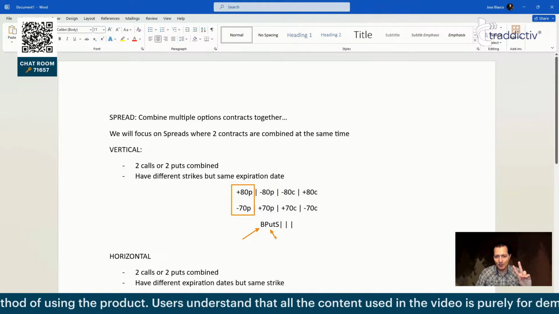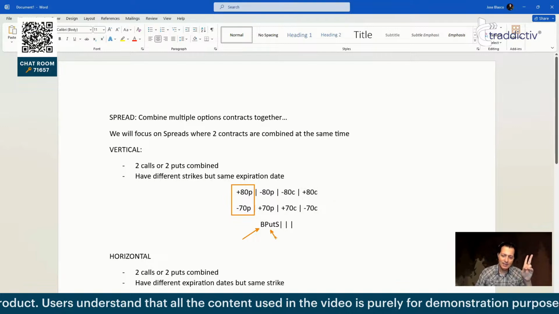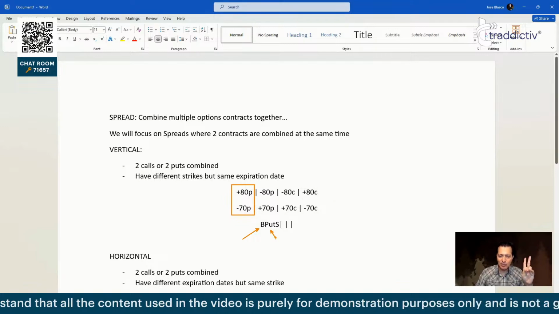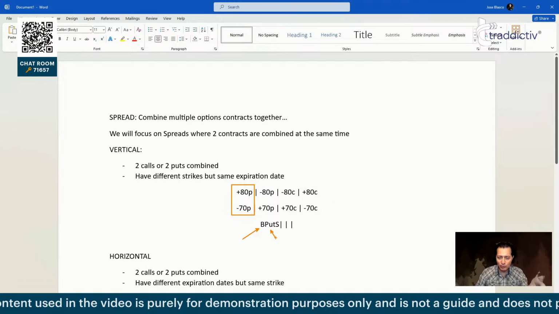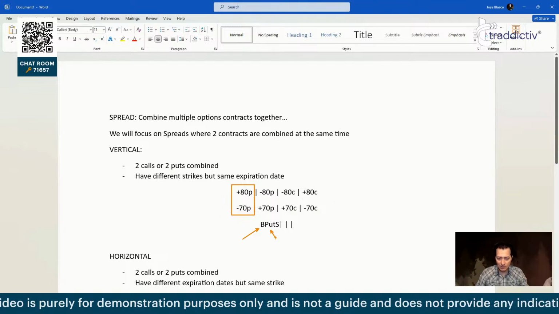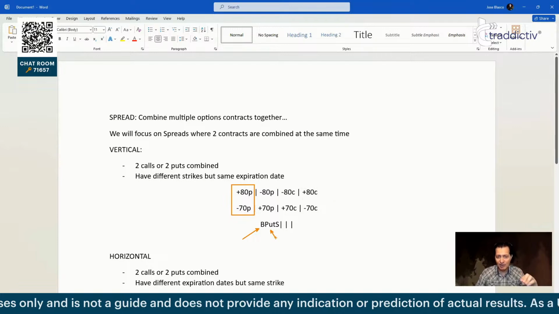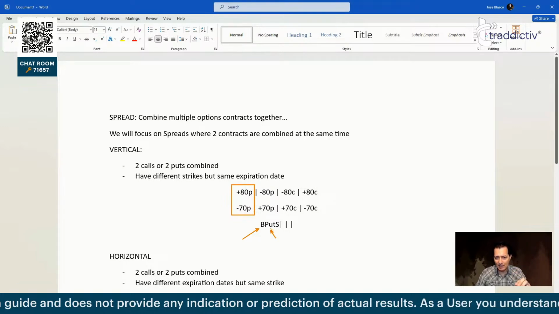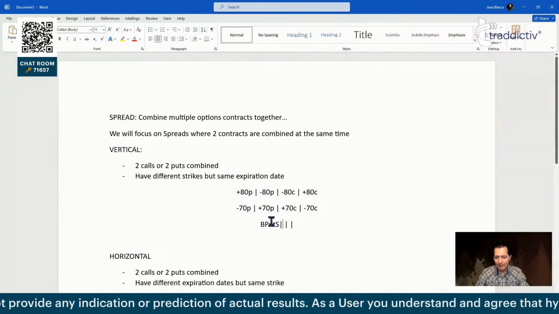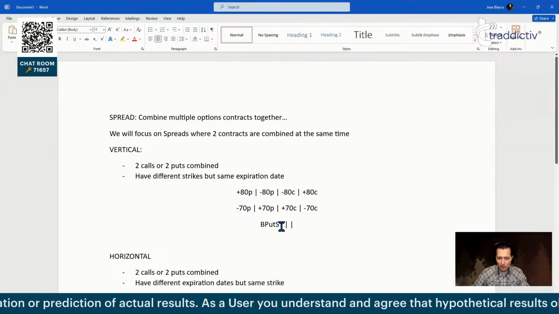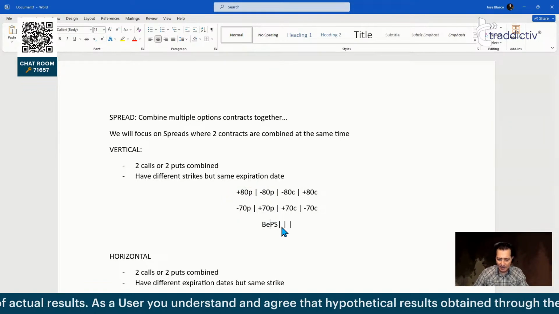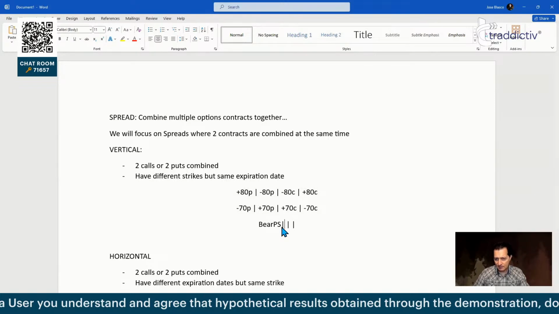So it's the two reasons: the application of the strategy plus the type of unit you use. Types of units can be calls or puts, and the application is either bullish or bearish. So the application of the strategy plus the type of units that you use basically give the name to the strategy. So in this case, we are dealing with a bear put spread.